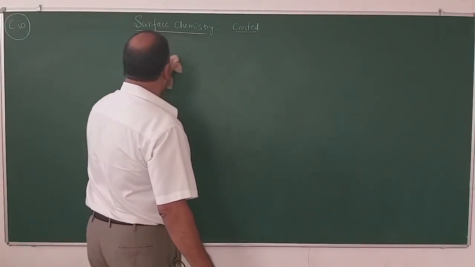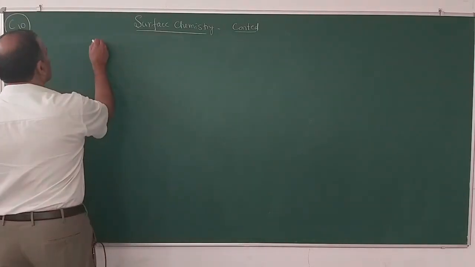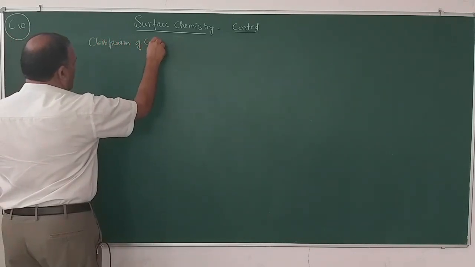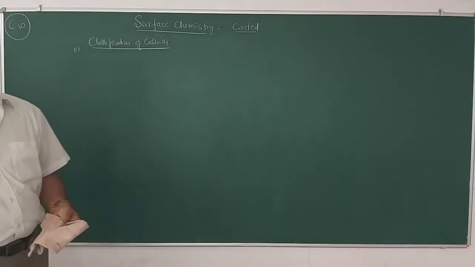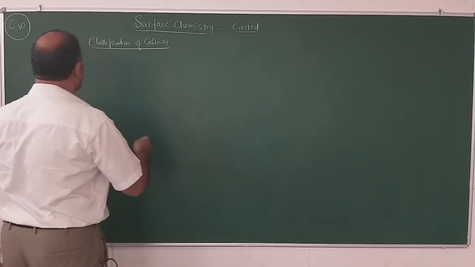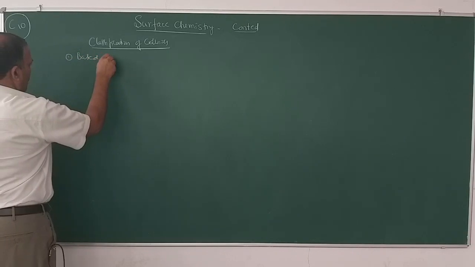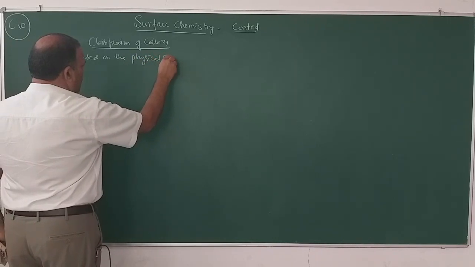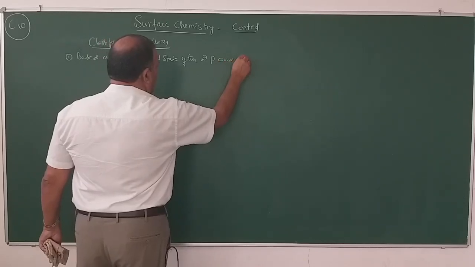So, now coming to the classification of colloids. Colloids can be classified into various types depending upon various factors. The first factor on which the classification is based is the physical state of the dispersed phase and dispersion medium.